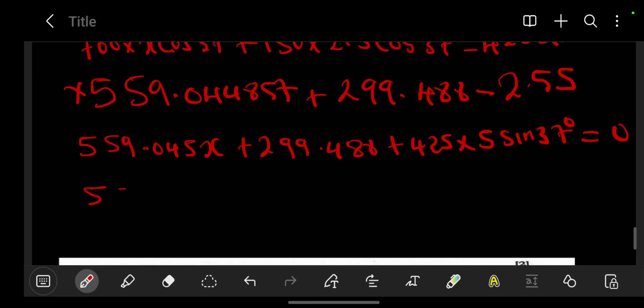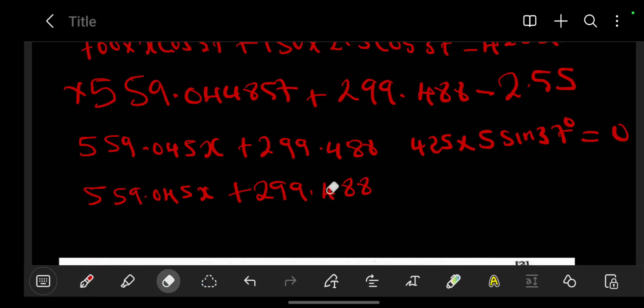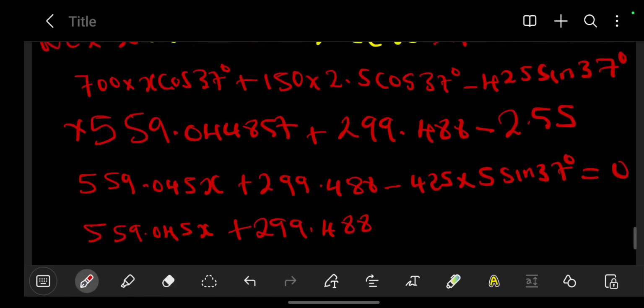So we have 559.045 x, then plus 299.488, then minus, remember we have minus, so minus 425 times 5 sine of 37. This is giving us a value of 1278.86, which should be equal to 0.